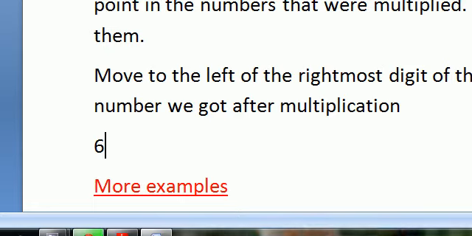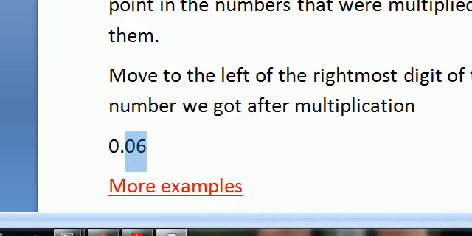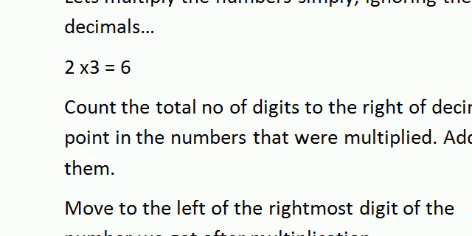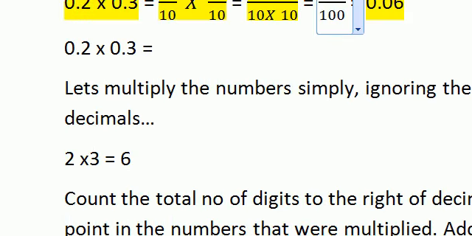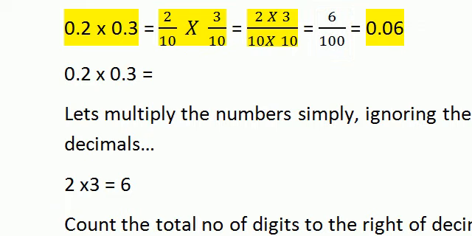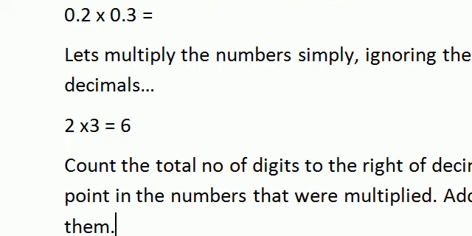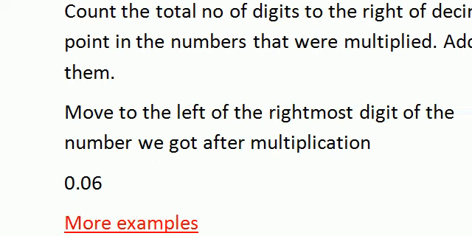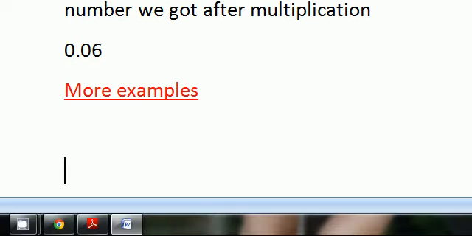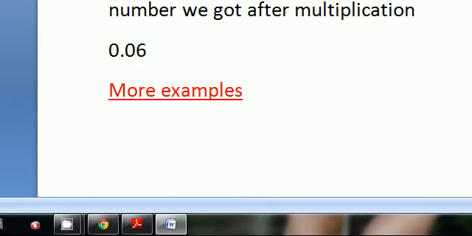So we had to go back 2 digits. We go back 1 digit, add a 0, go back a second digit, put a decimal point and 0. So by this step we found that the result is 0.06, and we have already verified that the result is 0.06. Taking this analogy, we will take some more examples.